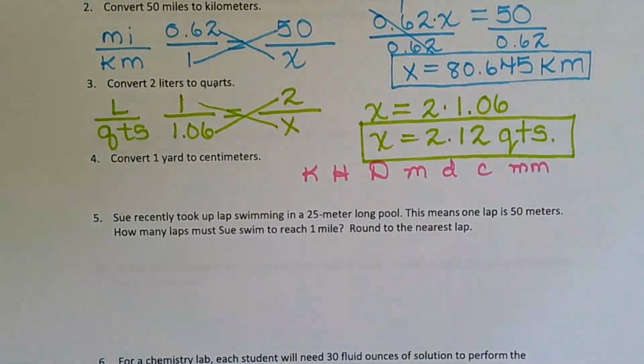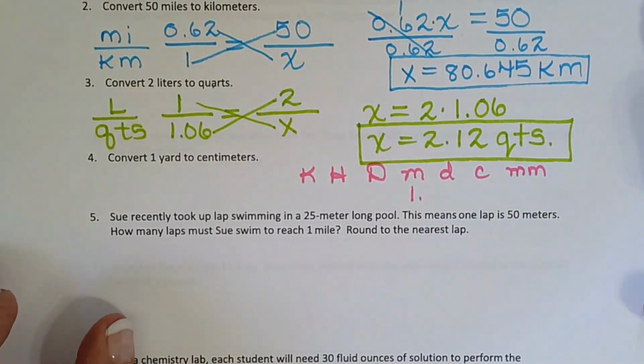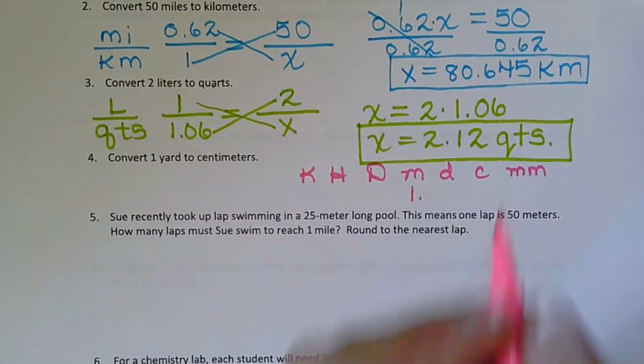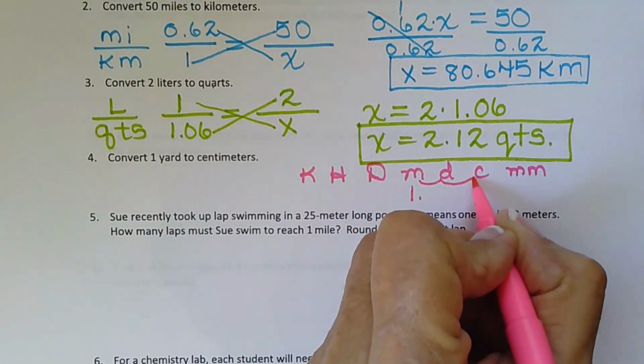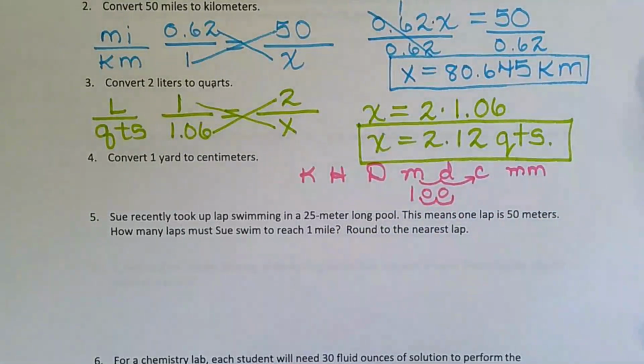So we're on the meters, so we're 1 meter, and 1 has its decimal right there. And we need to change it into centimeters. That says 1, 2 to the right. 1, 2 to the right means 100.